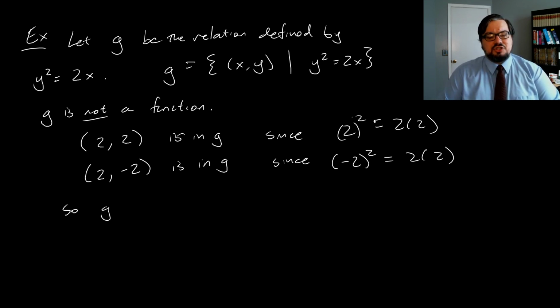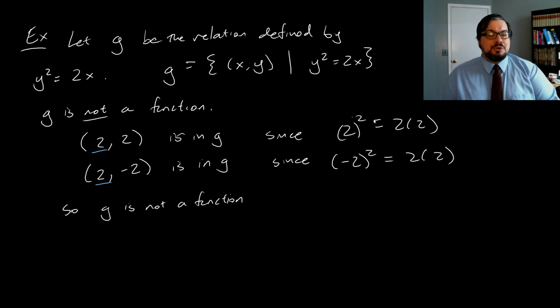So this means that g is not a function, because there's a single input, 2, that has two separate outputs in the relation g. Now, the relation g is still a perfectly good relation. It's just not what we're going to call a function.